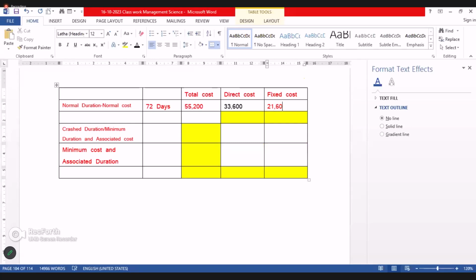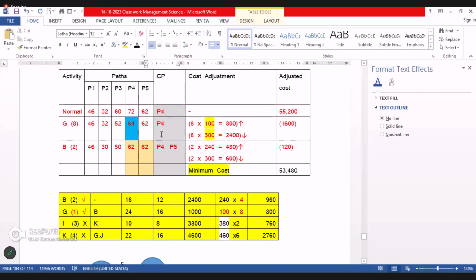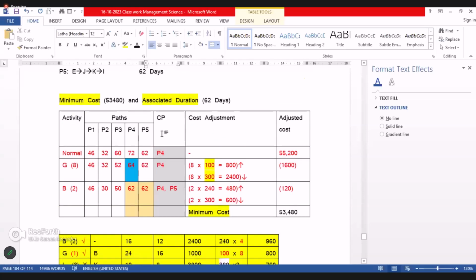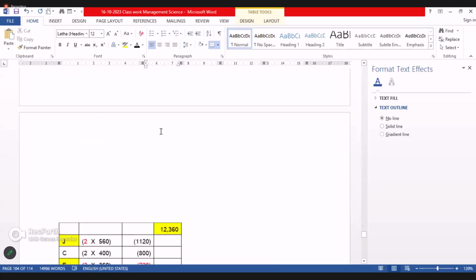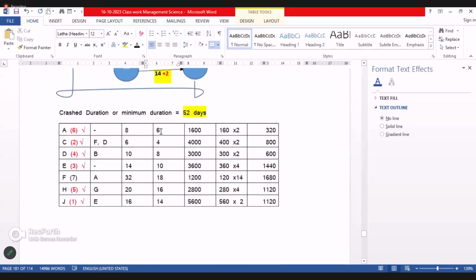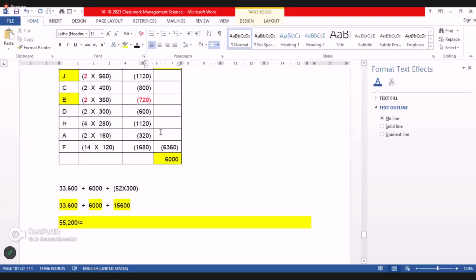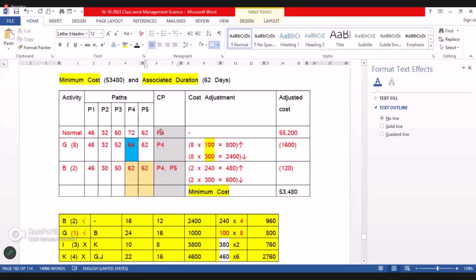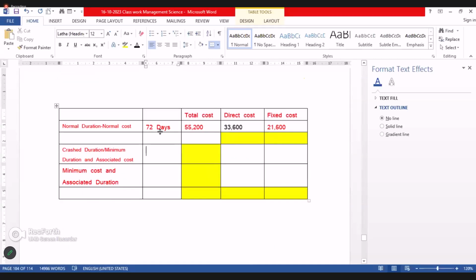Crash duration. What is the cost? Crash duration is how many days? Crash duration 52 days. Cost how much? 55,200.